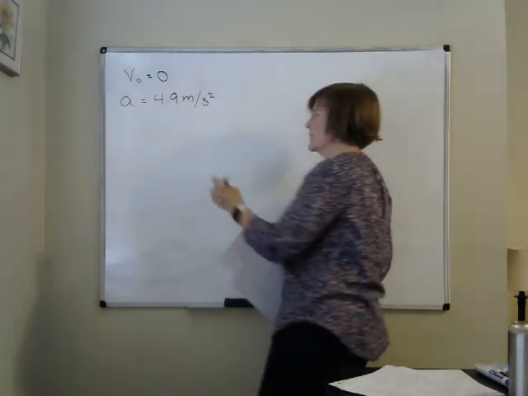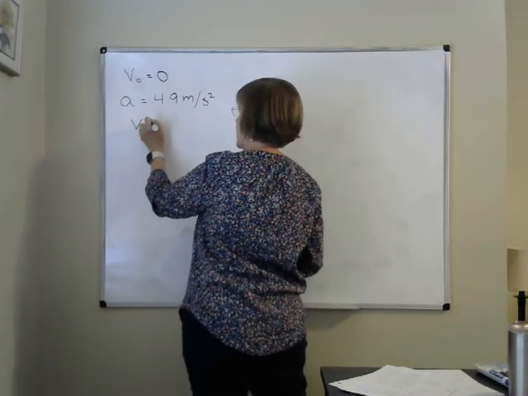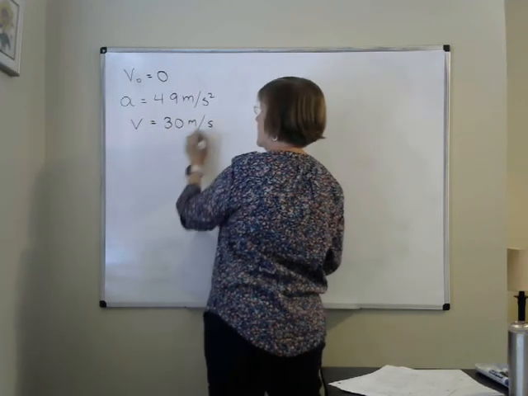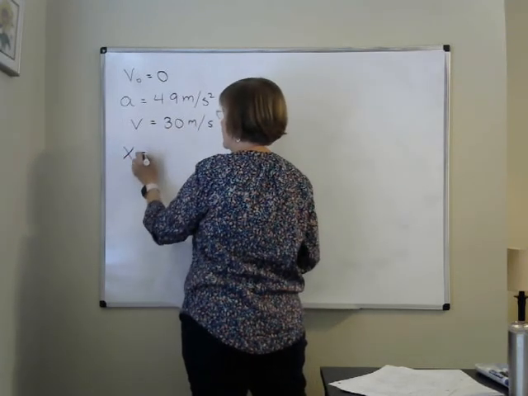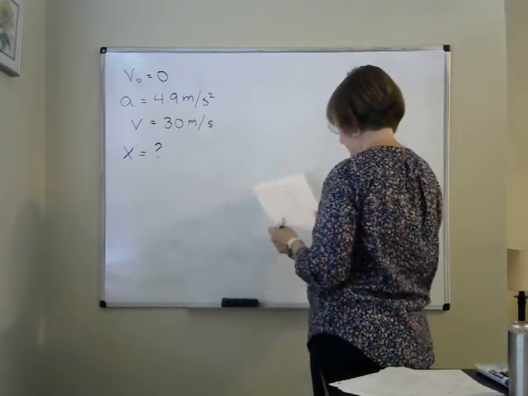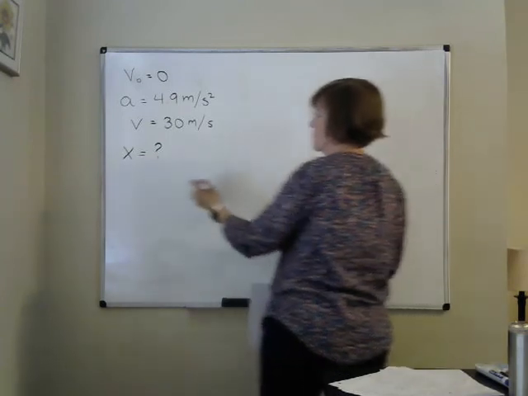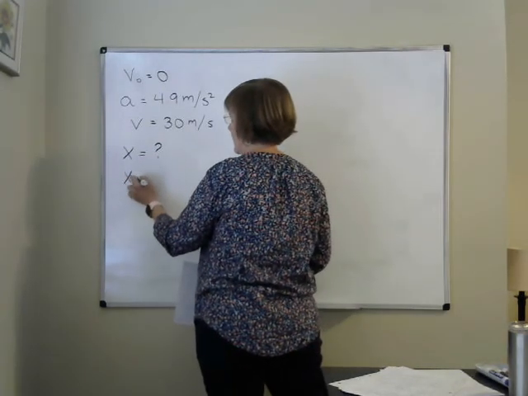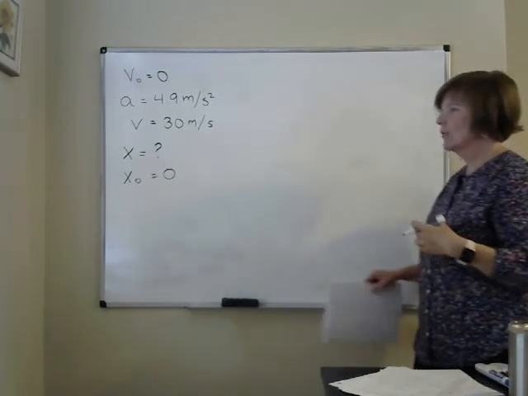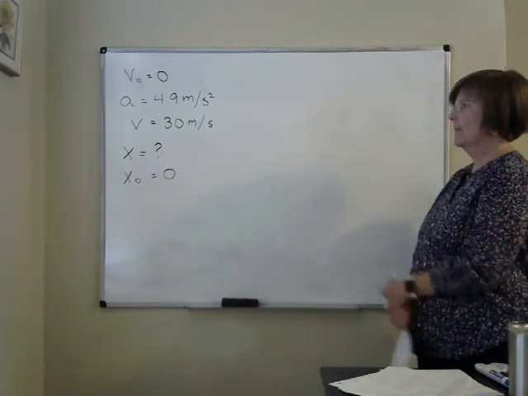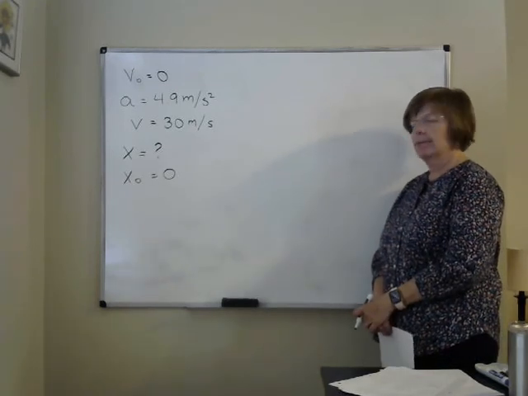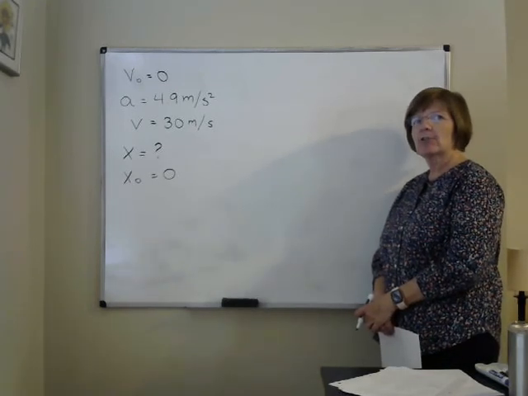Well, this 30 meters per second is our final speed, and it wants to know our final position. I like to let the initial position be 0. How far does it travel? If it started at 0, where is it now? Notice they did not tell me the time.